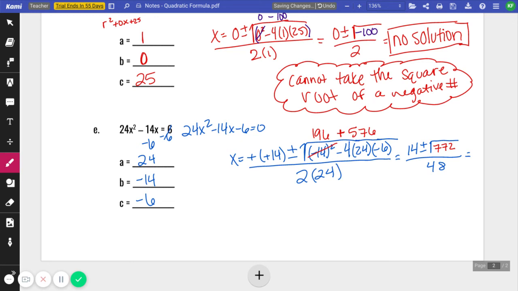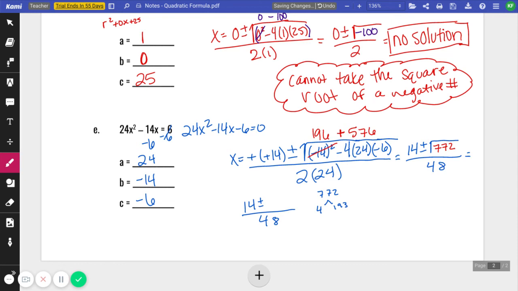Okay, so here we are going to simplify that radical, and it's going to be a little difficult. Stuff that I'm going to have you guys do on your own, the numbers won't be this big, don't worry. The square root of 772. 772 splits into 4 and 193.